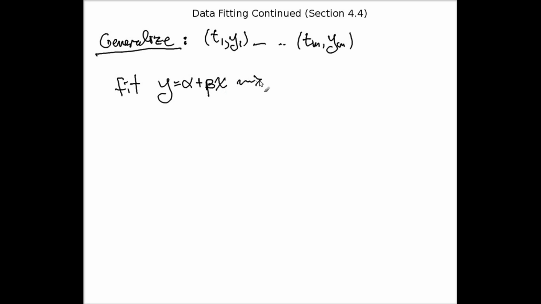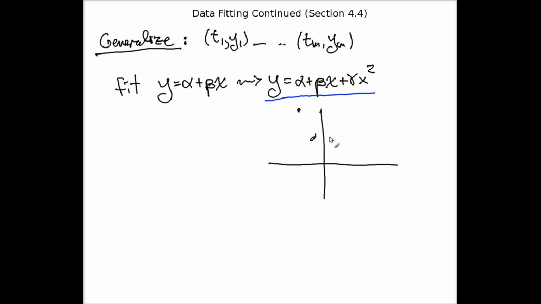Why not try and fit it with a quadratic, like a parabola? y is equal to alpha plus beta x plus gamma x squared. This gives me more freedom and possibly a much better fit. So if you have a bunch of data which looks more like it's fit by a quadratic function, this will find the best parabola to fit that data.